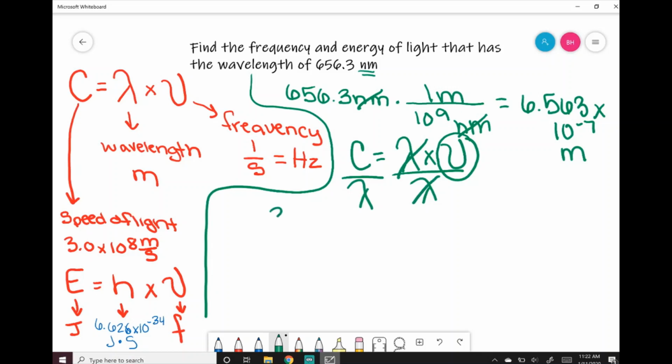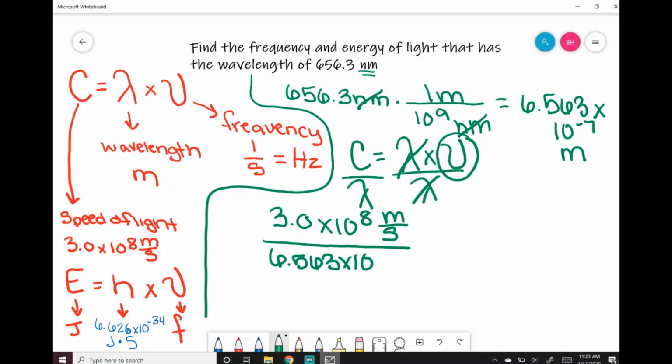Let's plug in our variables: 3.0 times 10 to the 8th meters per second divided by 6.563 times 10 to the negative 7th meters. Notice that you can follow your units. Your meters end up canceling out when you solve for frequency.